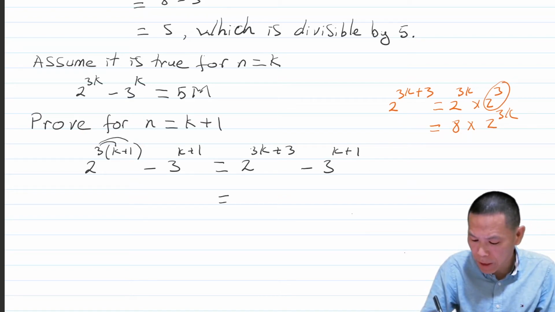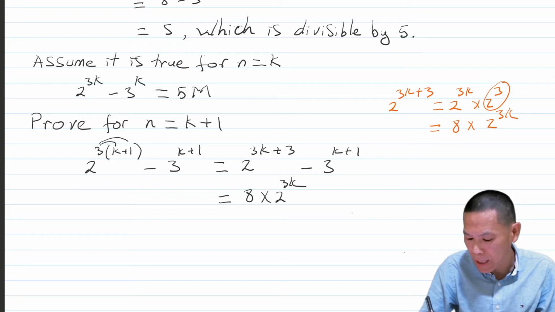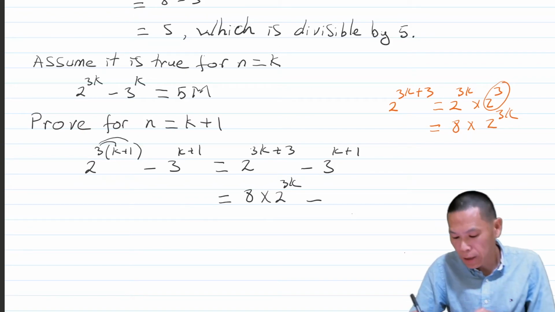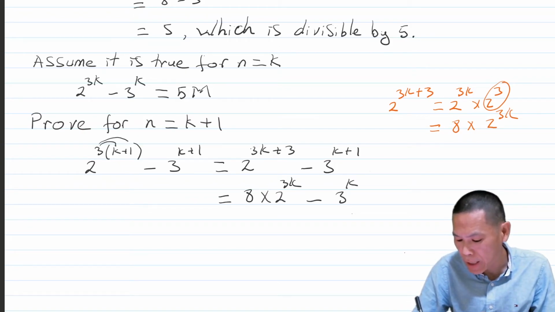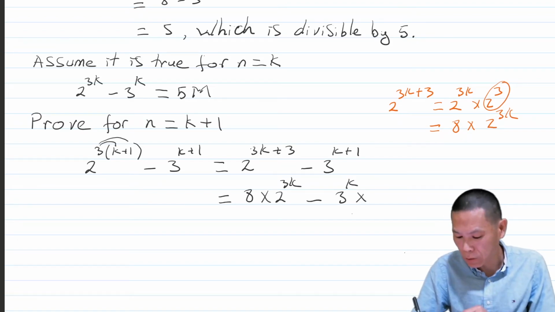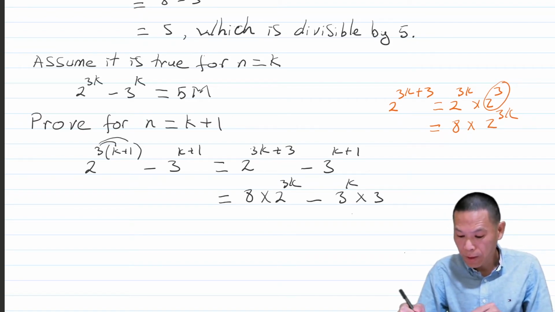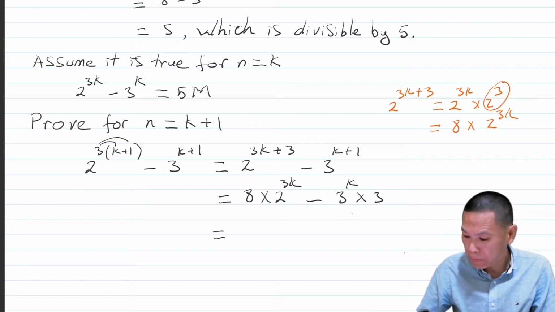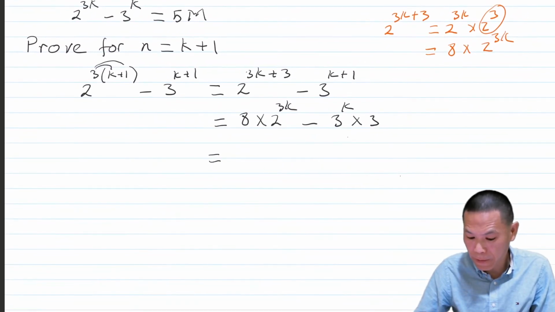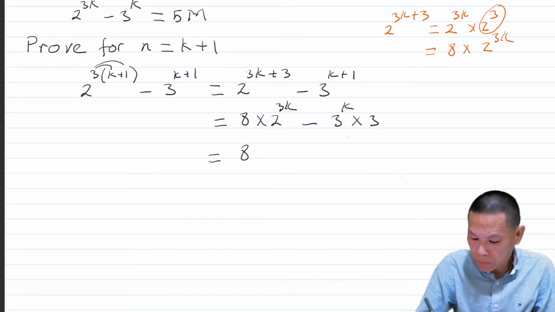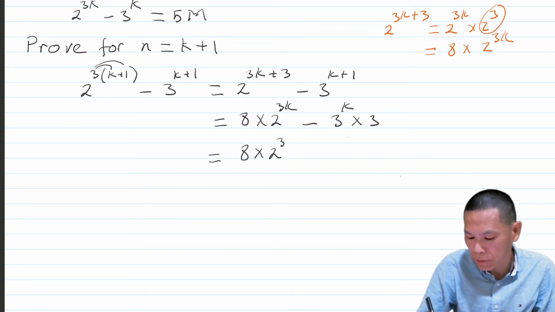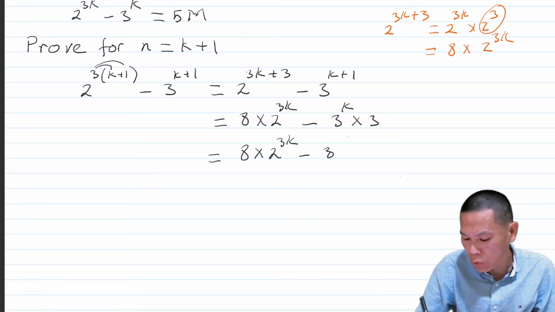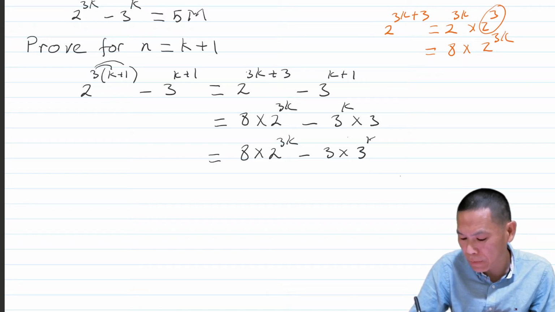So that will give me 8 times 2 to the power 3k minus, similarly this one, 3 to the power k times 3 power 1, which is 3. So that will give me, I'll just move this up here. So 8 times 2 to the power 3k minus 3 times 3 to the power k.